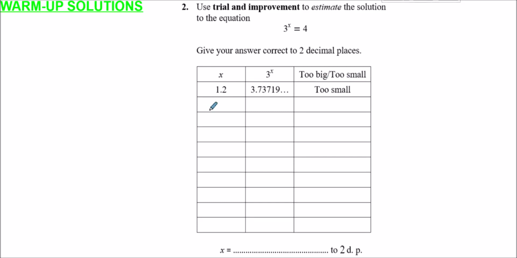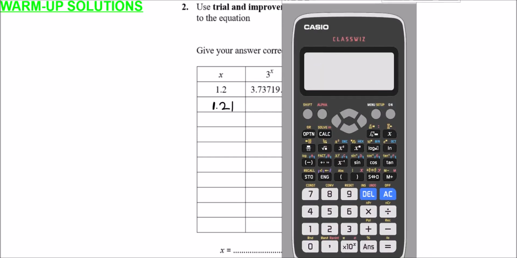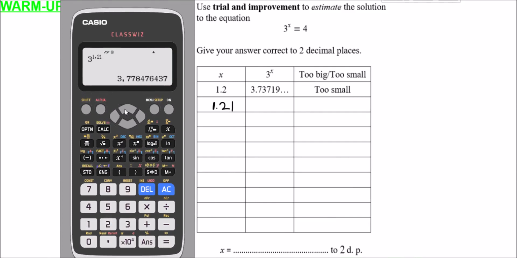So when x is 1.21, 3 to the power 1.21 we can calculate. Let's move the calculator along. So 3 to the power 1.21, we get 3.778ish.